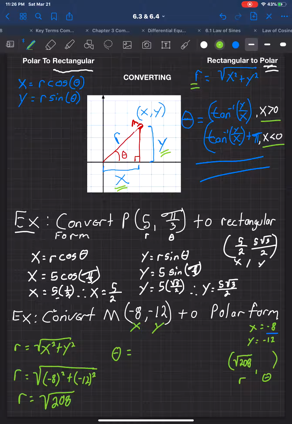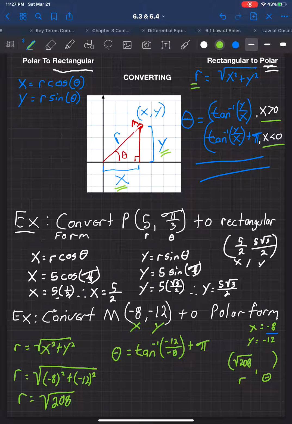So this is going to be tan inverse of y over x, so -12 over -8, plus pi. All right. Unfortunately, I don't have that calculation.